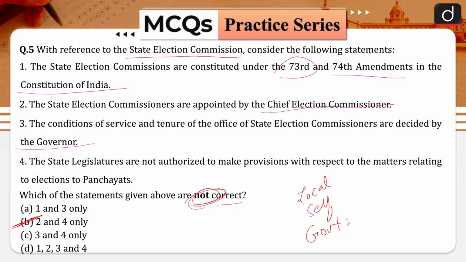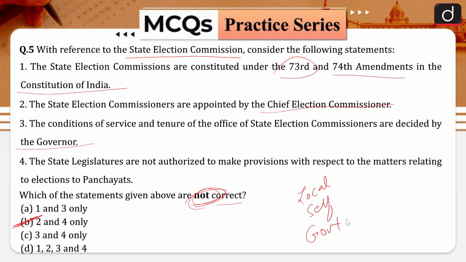The state election commissions are constituted under the 73rd and 74th amendments in the Constitution, which came into effect on 24th April 1993. They are vested with the powers to conduct elections of corporations, municipalities, Zilla Parishads, district panchayats, panchayat samitis, gram panchayats and other local bodies. And that is why your statement number 1 herein is correct in nature.